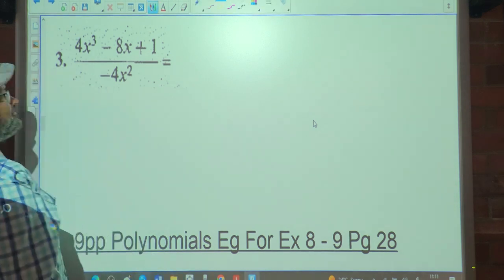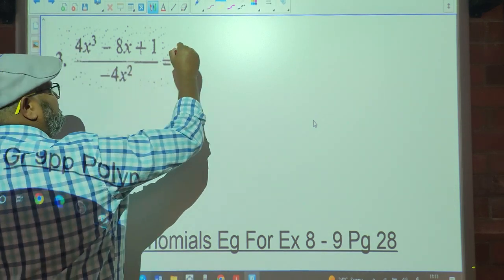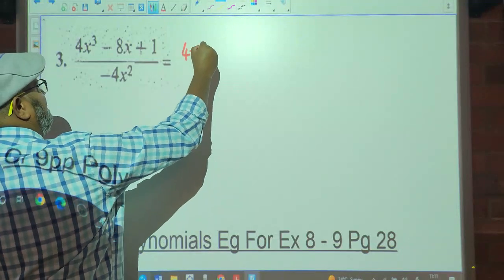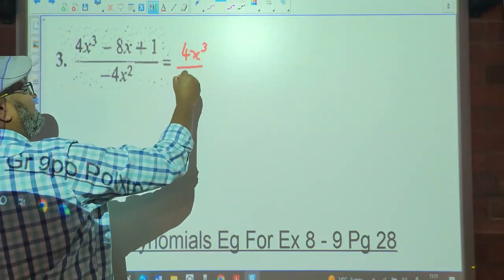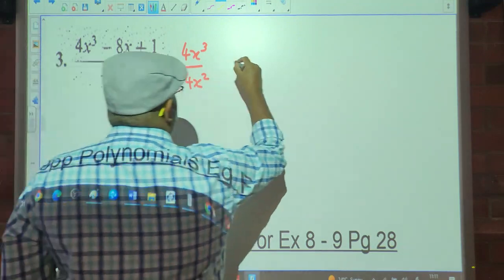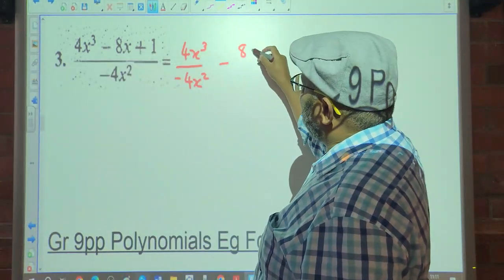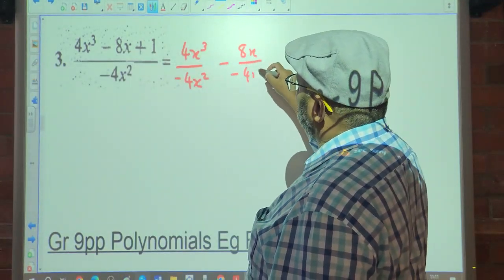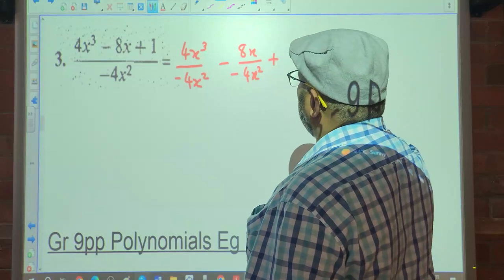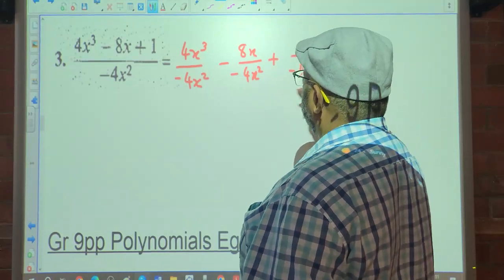Listen, what do we do first? Each one on its own. Do we have to do this step? No. So it's 4x cubed over negative 4x squared, minus 8x over negative 4x squared, plus 1 over negative 4x squared.